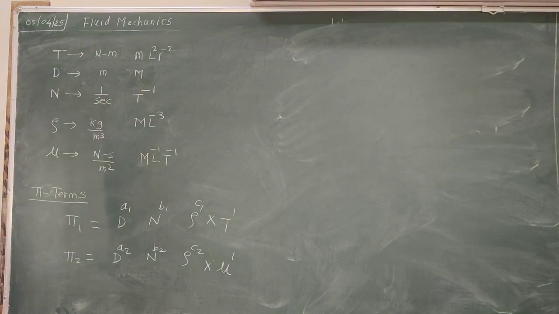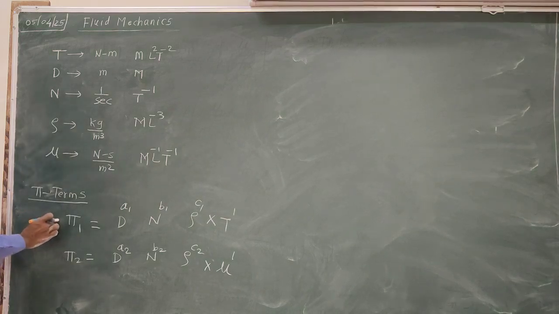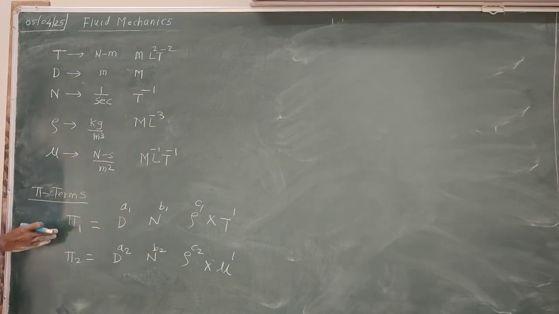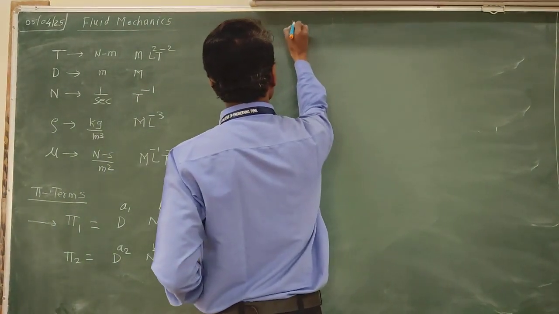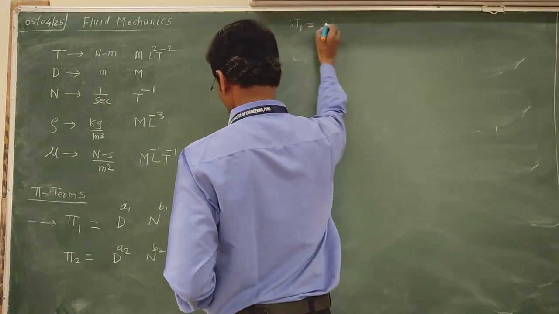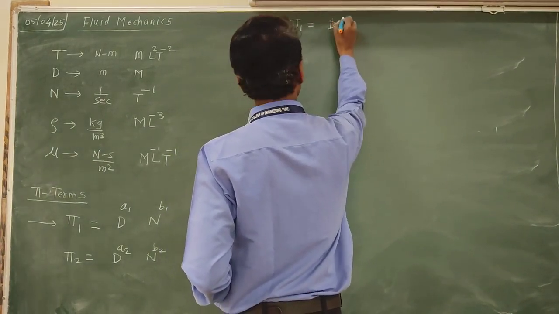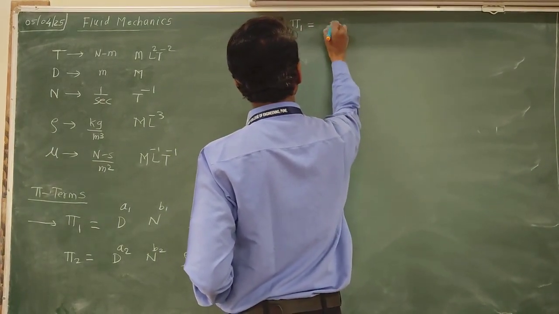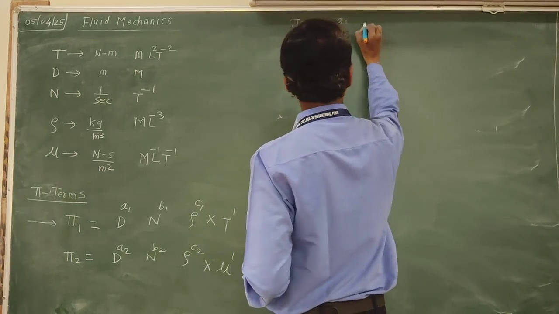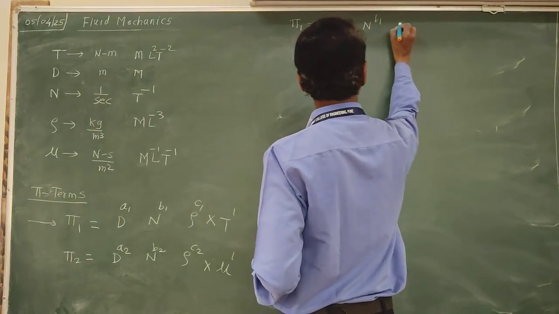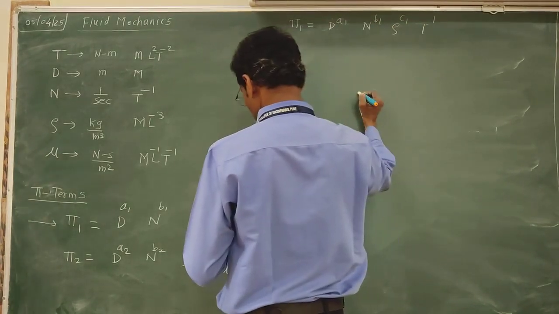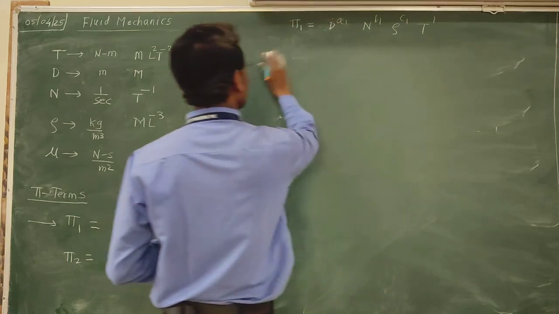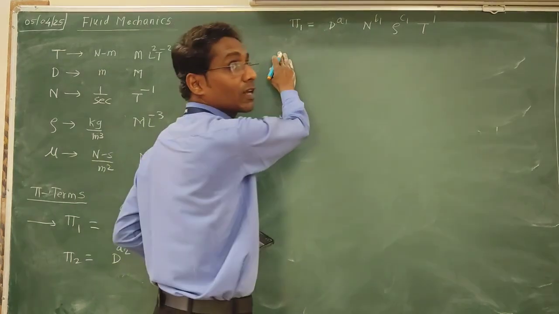Now, we will take these one by one. First of all we take pi 1 for solving. So pi 1 is equal to D raised to a1, N raised to b1, rho raised to c1, T raised to 1. Now we have to write this in MLT form.